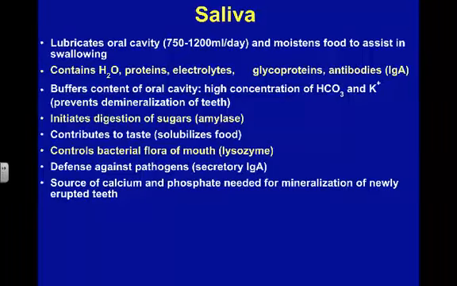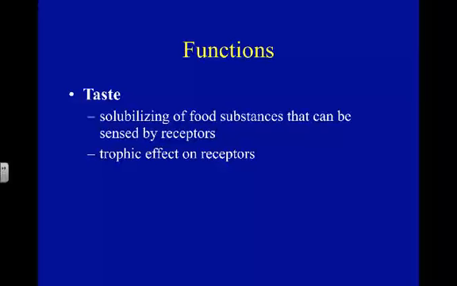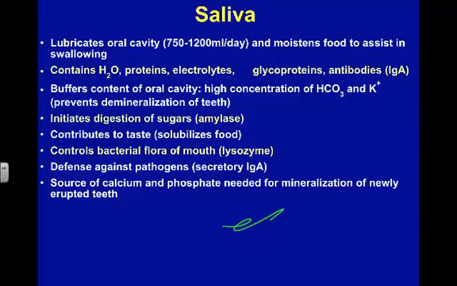I want to make sure I cover it. Very important in taste, needless to say. You make about 1 liter a day, which is an incredible amount. It has glycoproteins and antibodies.